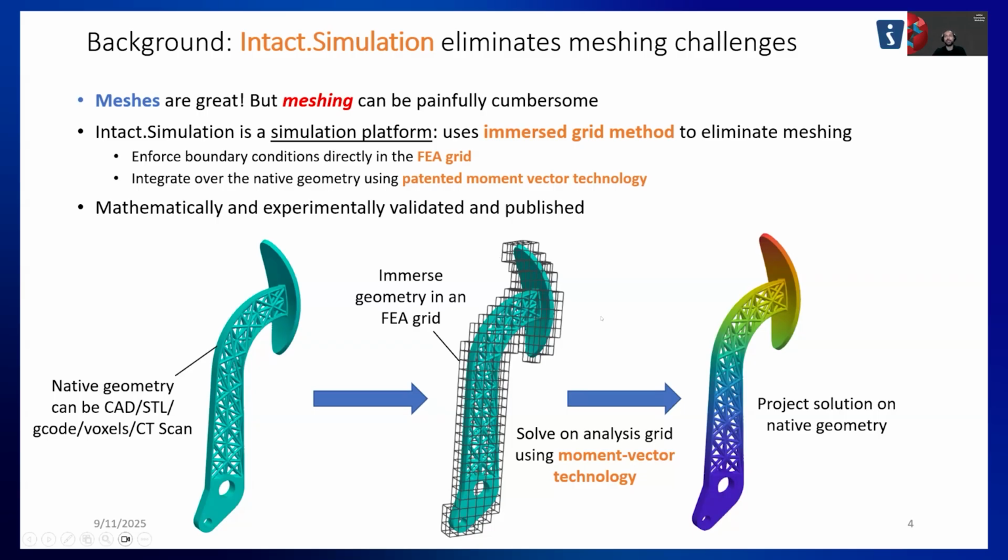In our company, we developed the moment vector technology that can compute quadrature in one shot. I'll be talking about that. Once you overcome these challenges, you can solve on the background grid and project the solution back onto the native geometry. So essentially, we are trying to eliminate meshing by replacing it with automated background grid generation. That's the idea.